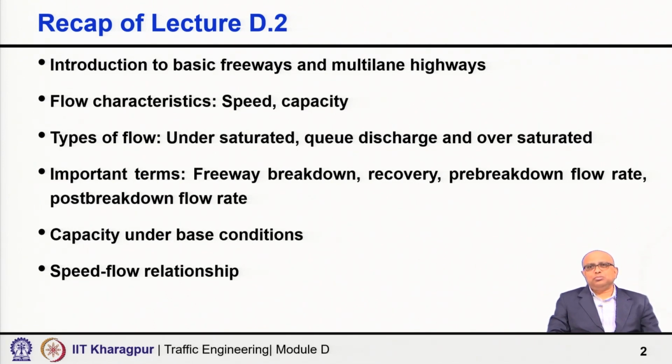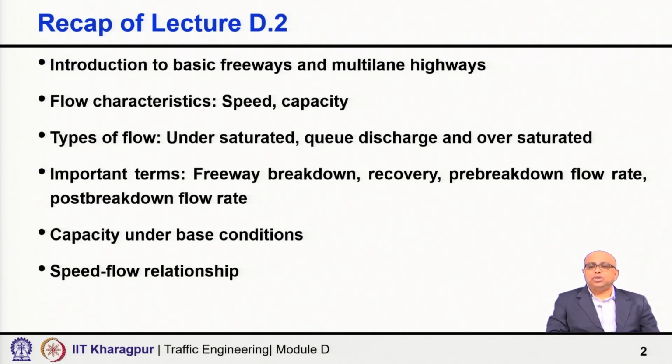Then I also mentioned some important terms related to capacity, namely freeway breakdown, when breakdown occurs, then the recovery, then pre-breakdown flow rate and post-breakdown flow rate. Then how the base conditions are defined and what the capacity is expected to be under different base conditions.